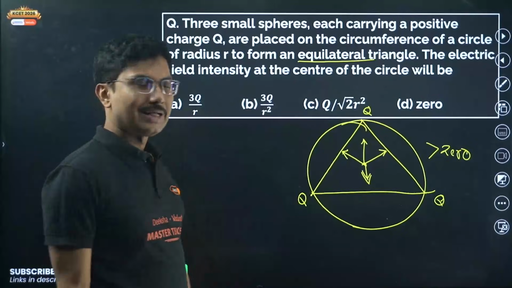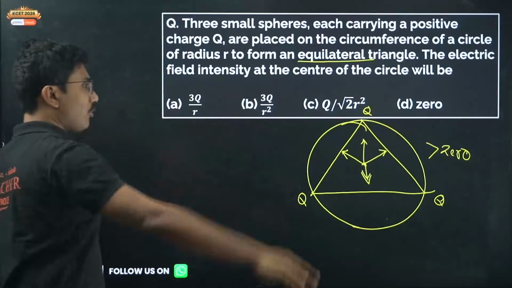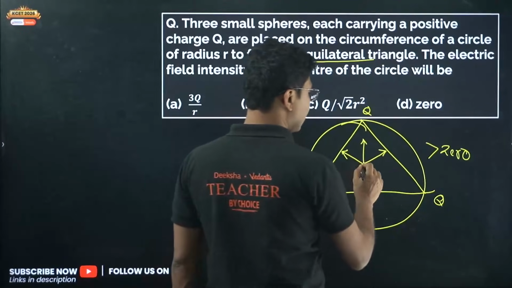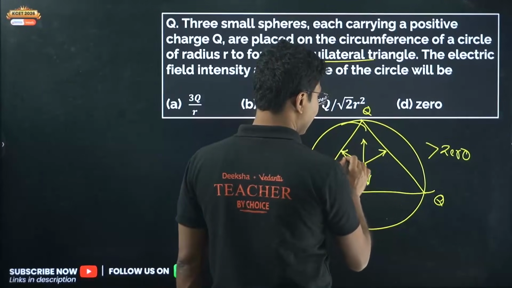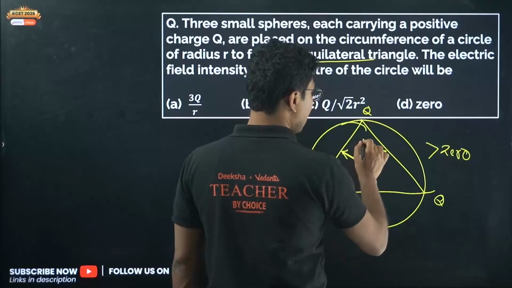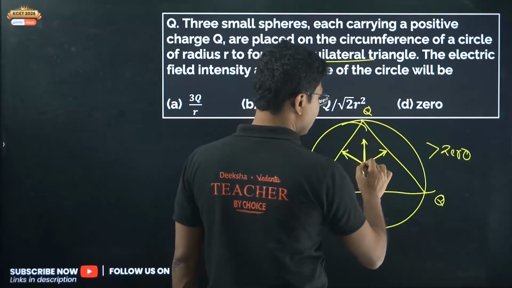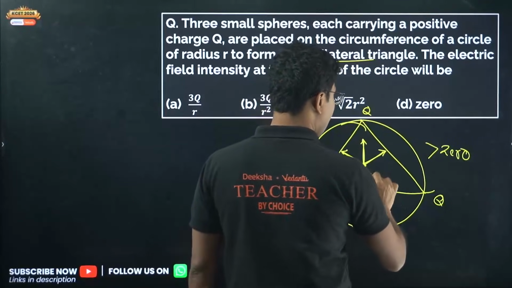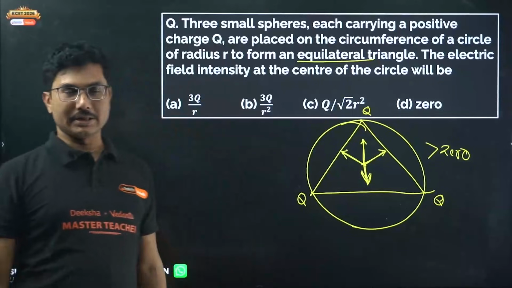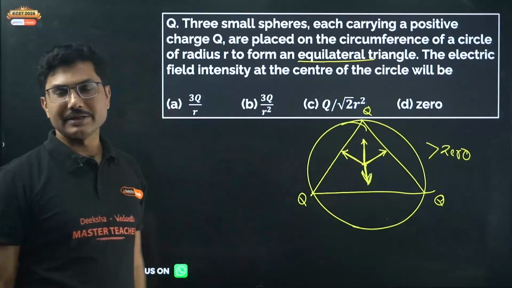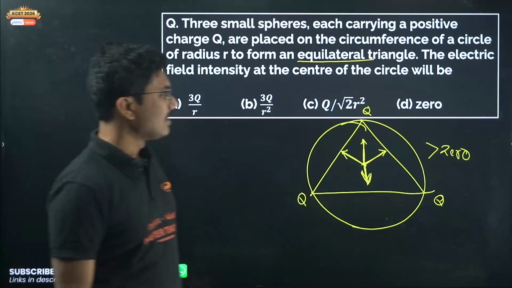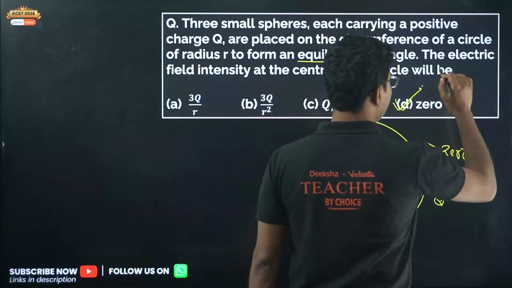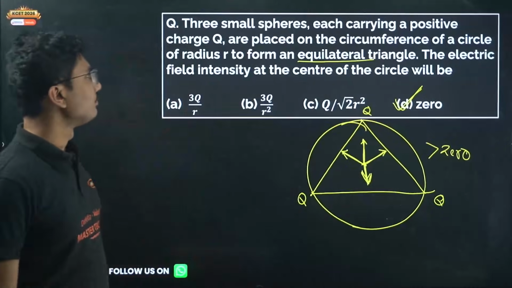Negative charge gives towards. All the charges are positive, so the net electric field at the center will be 0, because the net of this and this is equal to this, which will be equal and opposite to the other electric field, and they will cancel each other. These two electric fields will cancel each other, so net electric field is 0.